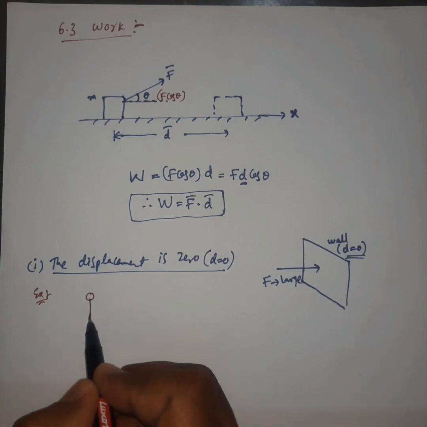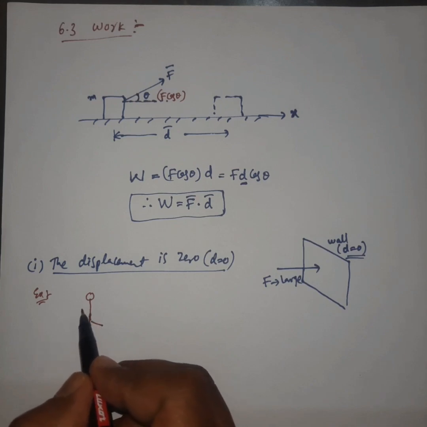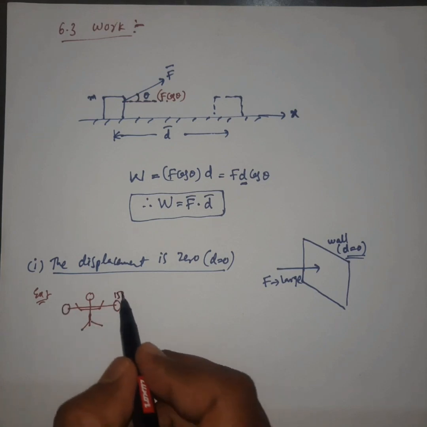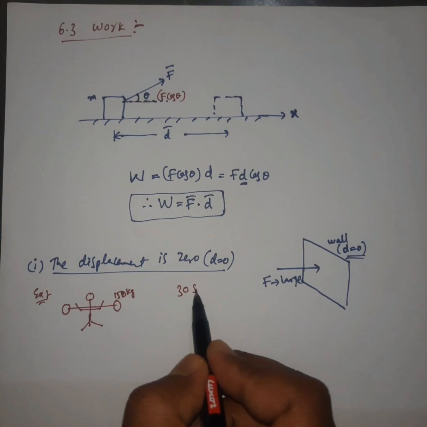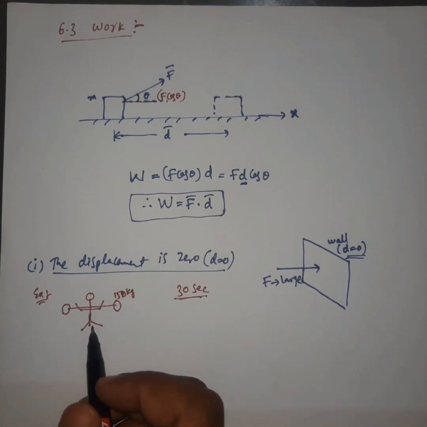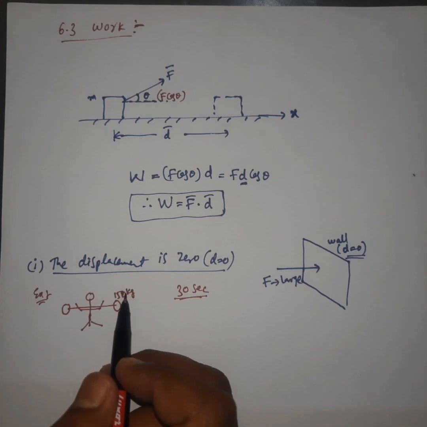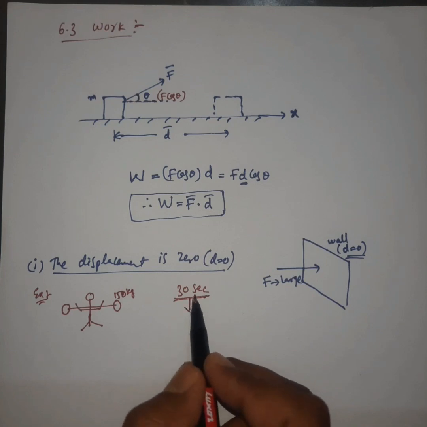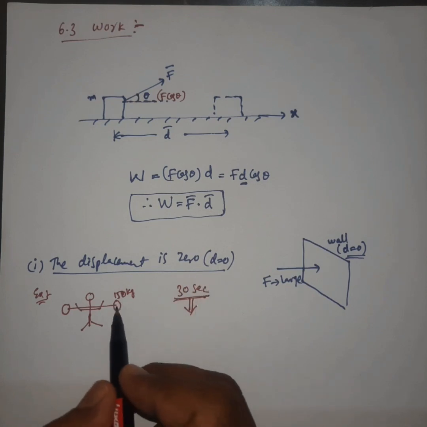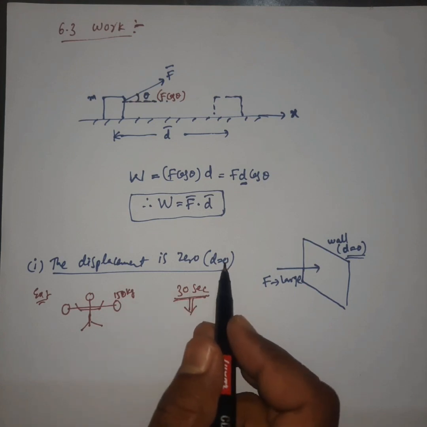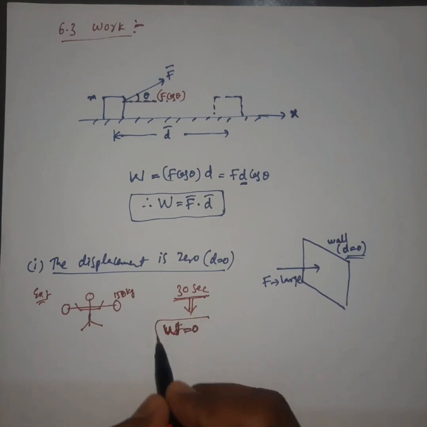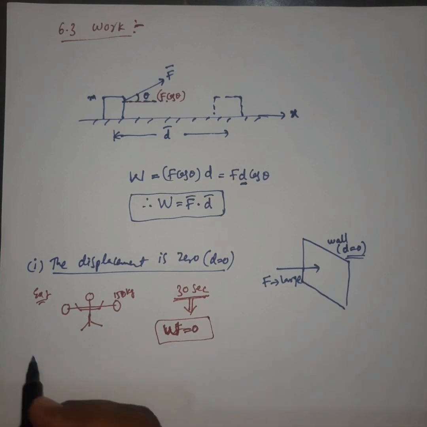During these 30 seconds, there is no displacement. So displacement is 0, and work done by the weightlifter is 0.